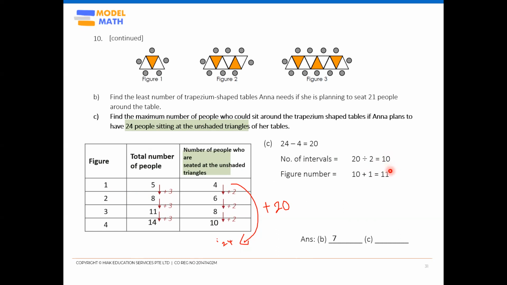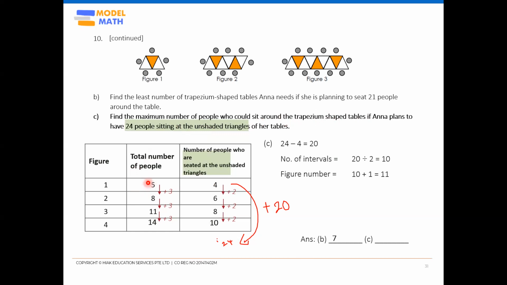Now, once I reach figure 11, if you look at the question again, we want the number of people who could sit around the trapezium-shaped tables. So what this question is asking is the total number of people who could sit around the tables, which is this total people column.